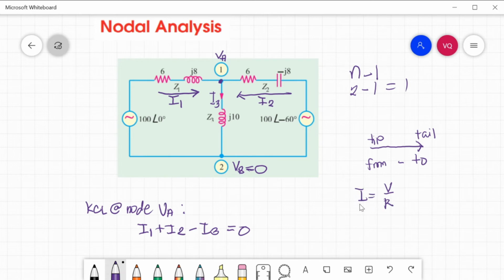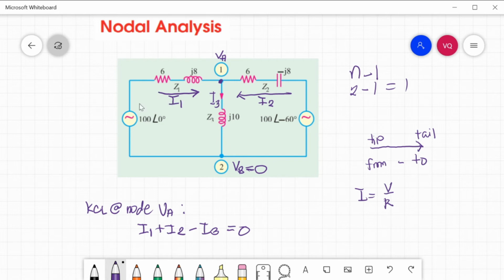Our Ohm's law is I equals V over R. So we let our branch currents be in terms of V over R, where R is the connecting resistance between the 2 node voltages. Okay, so this is our tip to tail, or from minus 2.